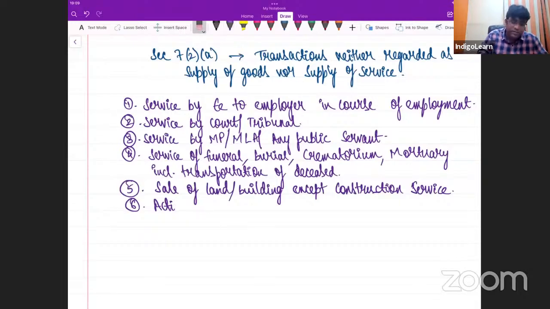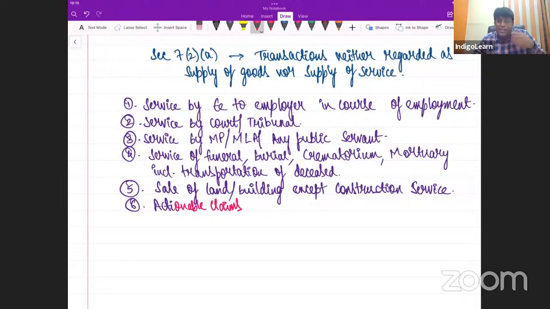Then finally, sixth point. Actionable claims. So an actionable claim is something like what we can file in the court of law. A claim which can be actioned in the court of law. Classic example, my dear friends, if you purchase one lottery ticket, and for that lottery you have got 1 crore. If that fellow is telling you got 1 crore, but I'll not pay you, will you keep quiet? Will you go to the court of law and file a case?